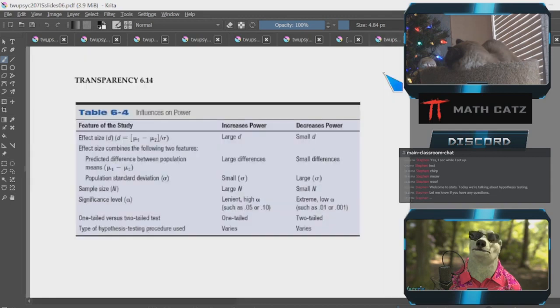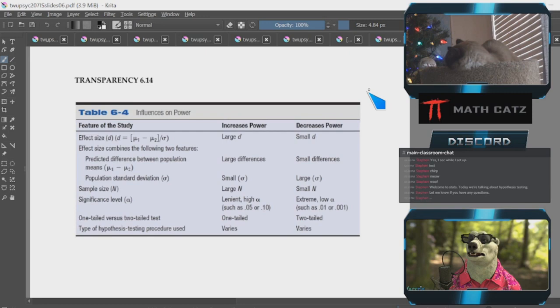But of course, there are other things worth mentioning when it comes to power. The effect size is very closely linked to power. If the effect size goes up, the power goes up as well.